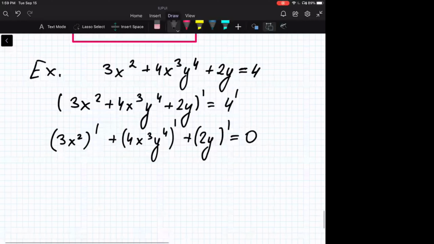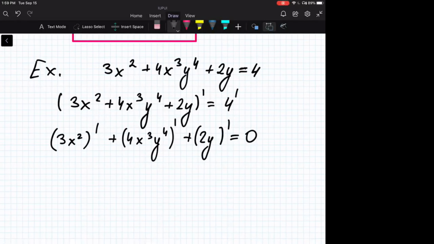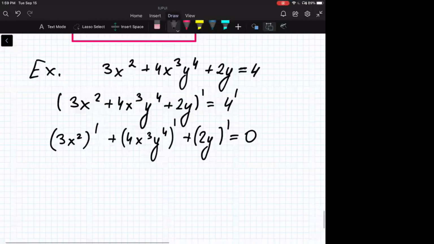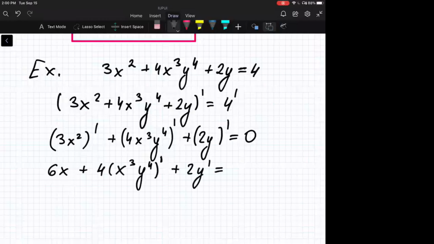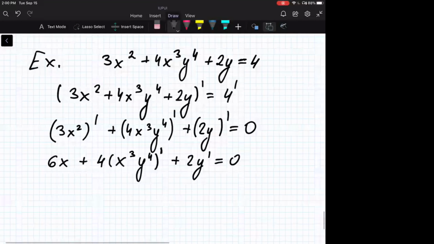With the first one, again, just a polynomial, so it gives me 6x. The second one is the most complicated one, so I can put 4 in front of that. And let's do it in a few steps. The derivative of x cubed y to the power 4 plus 2y prime. So I can put the constant 2 in front of the derivative, and then I'll get just y prime.